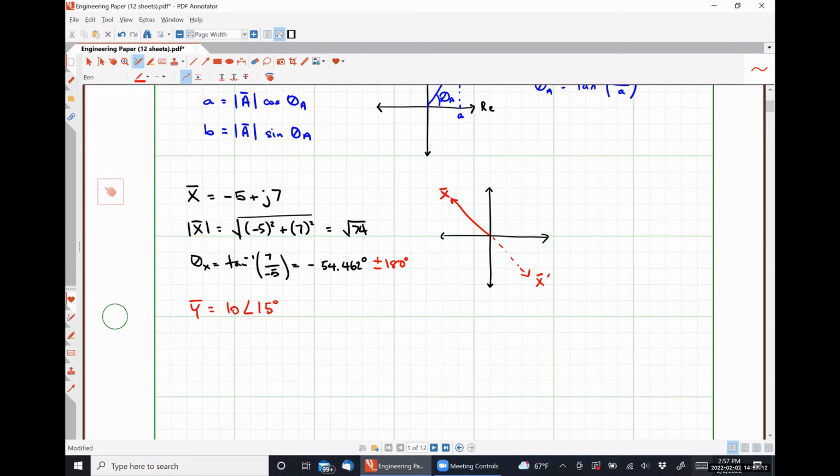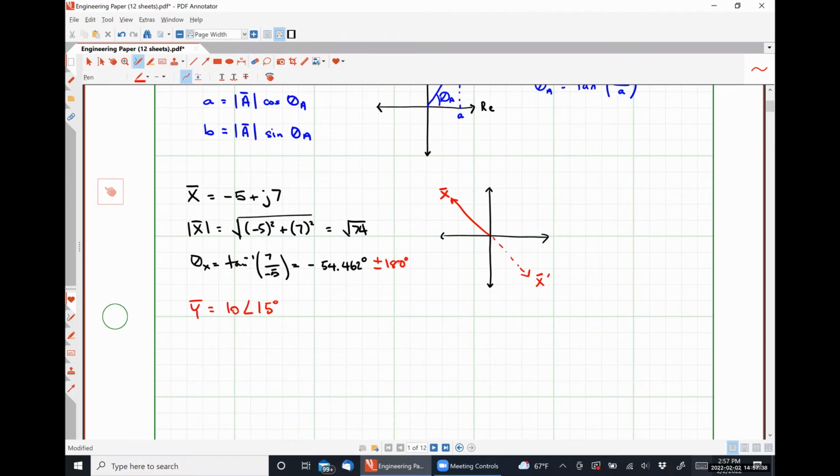For those of you with the 991s, you would then hit option, scroll down, and then hit 2. For those of you with the 115s, you hit shift 2 to bring up the complex option window, and then press 4 to convert the answer into rectangular form.